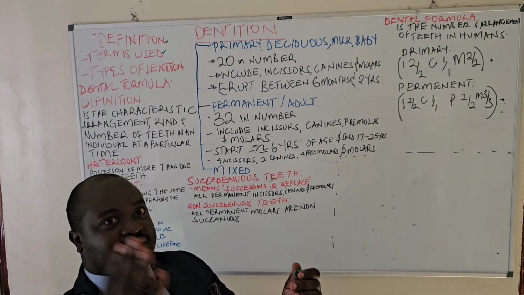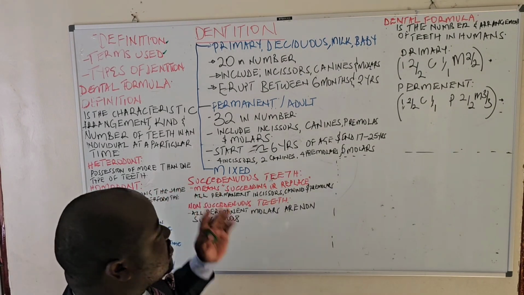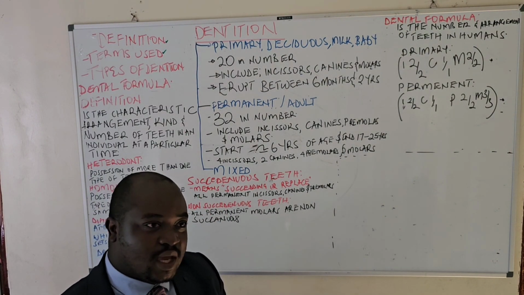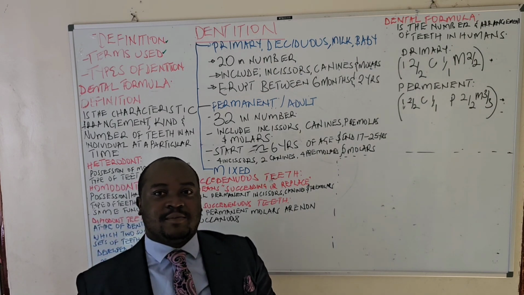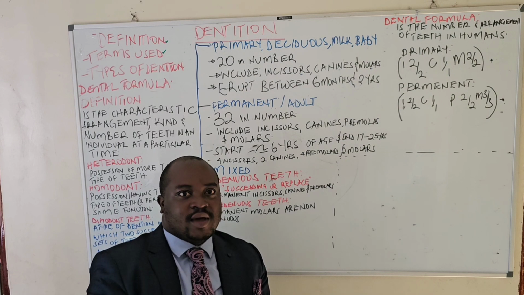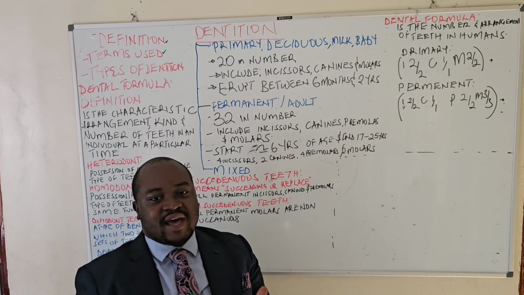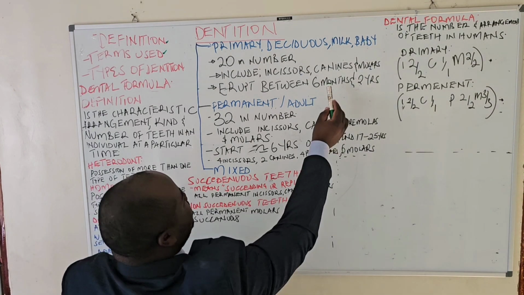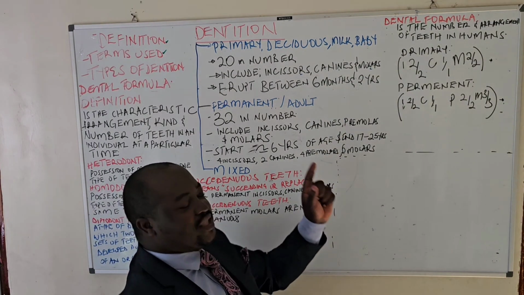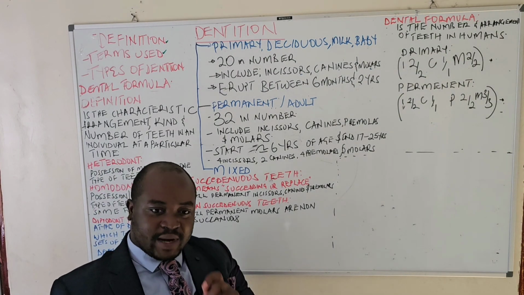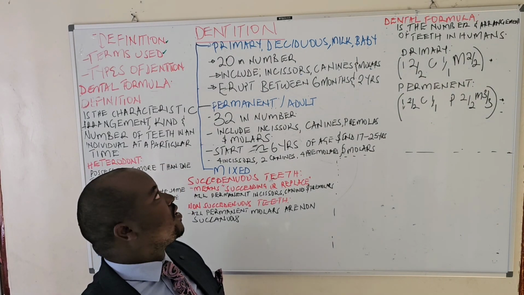By the age of 6 months, and that is approximate, some babies may have them earlier, maybe at 5.5, or later at 6.5, but approximately 6 months of age is when the first primary tooth comes into the oral cavity.